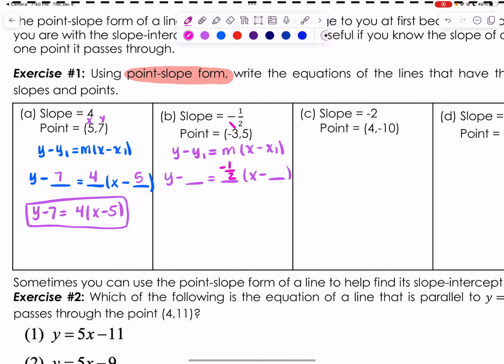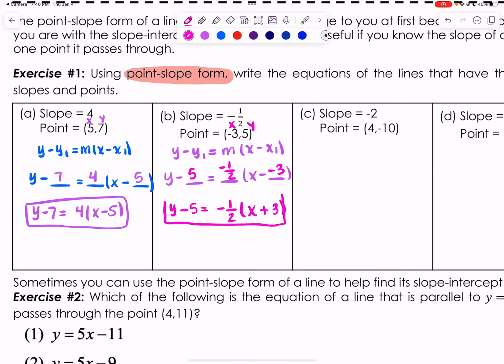The x value of my point is -3, and the y value of my point is 5. So I now have y minus 5 equals -1/2 times x, but if you notice, I have a double negative, so a minus minus becomes a plus, so this just becomes a +3. So your equation would be y minus 5 equals -1/2 times x plus 3.